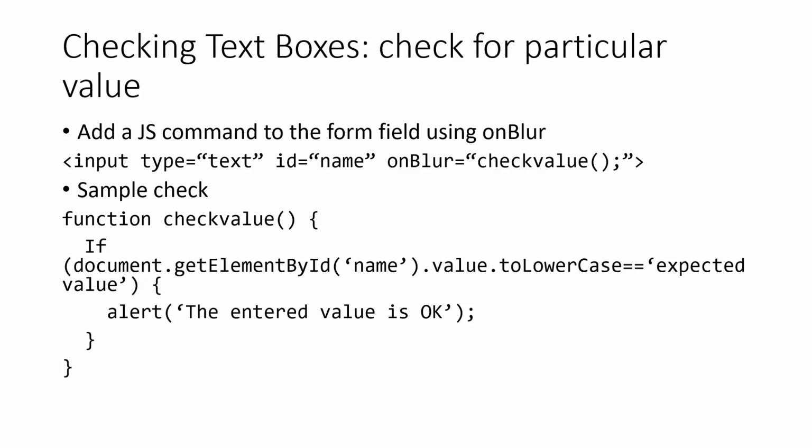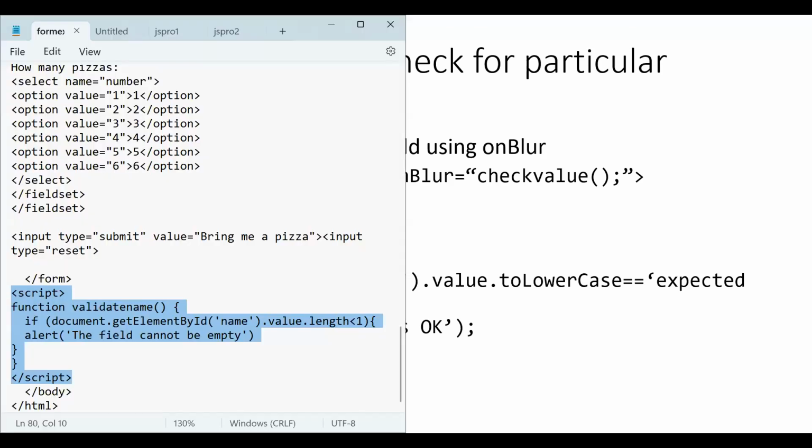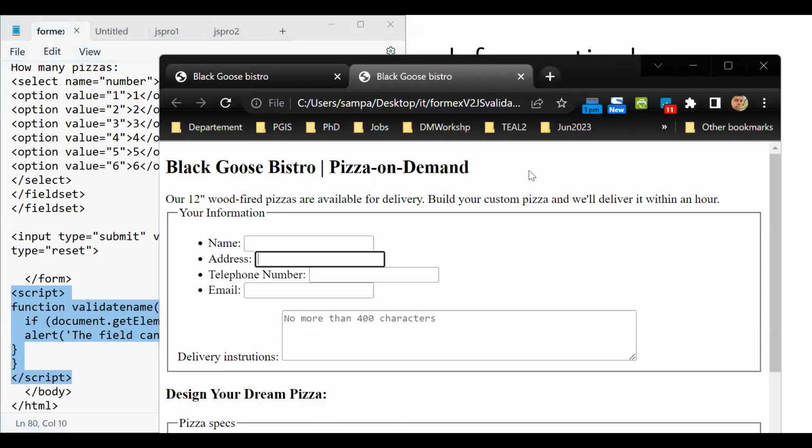I'm going to demonstrate that. Let's say I'm expecting whoever types to type my name, and I'm going to check whether it equals that. I will go back to the same code. Okay, this is what I have.